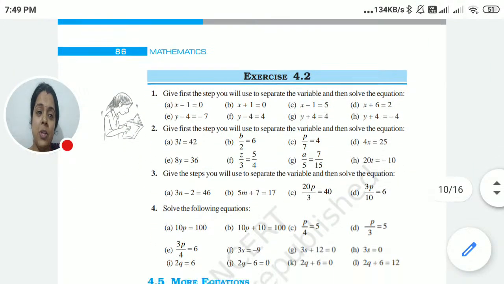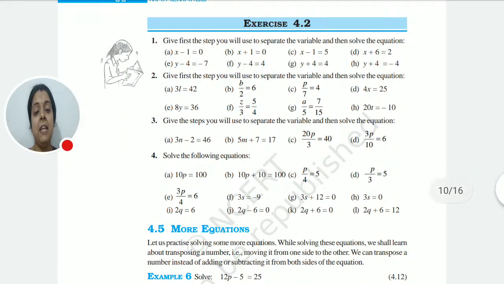Now I take you to question number 3. Give the steps you will use to separate the variable, then solve the equation. First, we'll follow the steps and then we will solve it. What does it mean by variable?